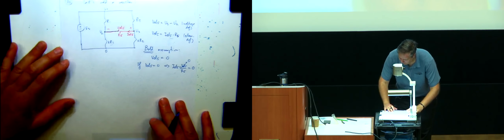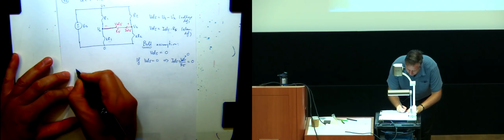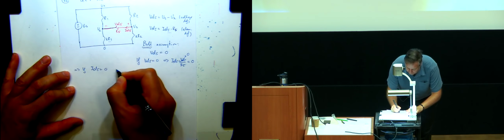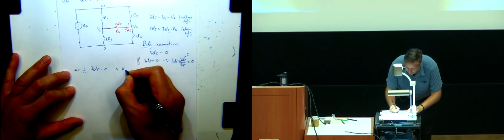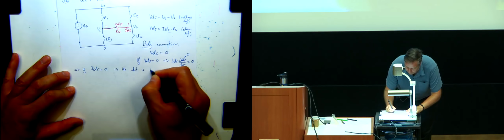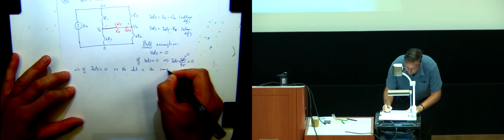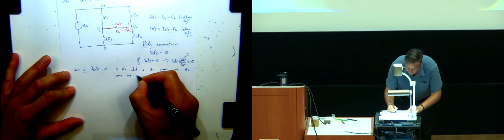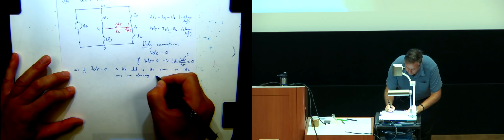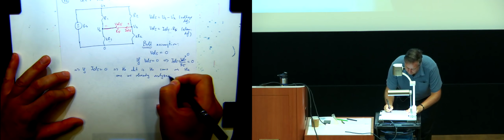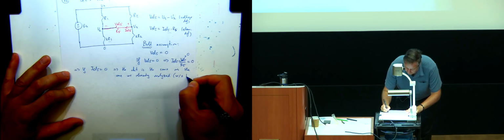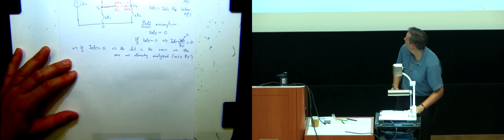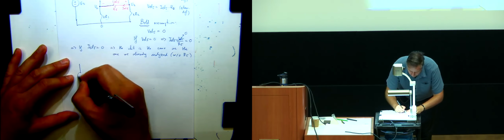We just said, if I element 5 equals 0, then the circuit is the same as the one we already analyzed without R5. So let's just draw that one out real quick, just to compare and contrast.